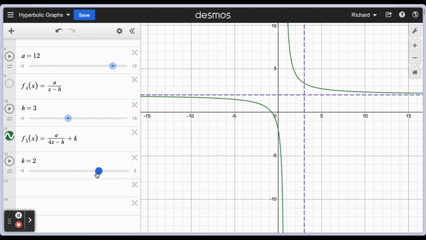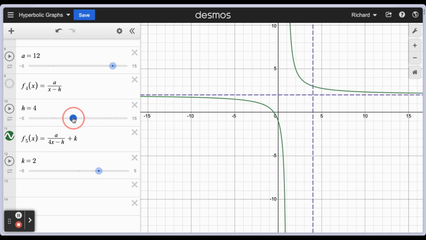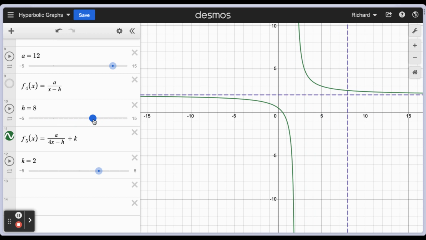And so I'll make H equal to 8. Okay, so H is equal to 8, but the equation is A over 4x minus H plus K. Have a look at the asymptote. We've got the asymptote at 5, 6, 7, 8 here. Okay, so is that okay so far?